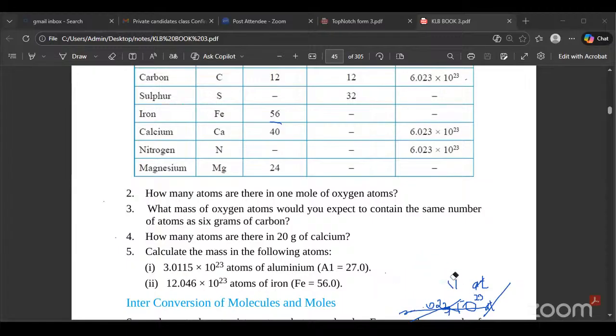Try very quickly. Write that one as I open another book. I want you to write fast and then I can change. 12.046 by 10 raised to 23 atoms of iron, and you have been given the atomic mass of iron.